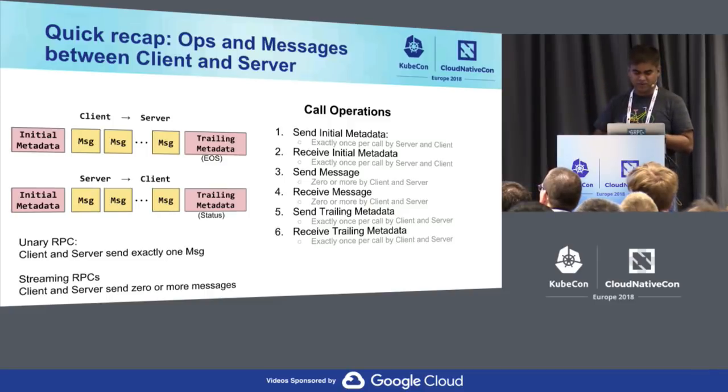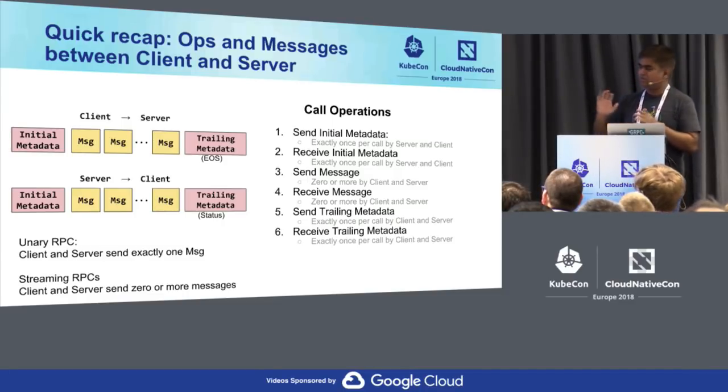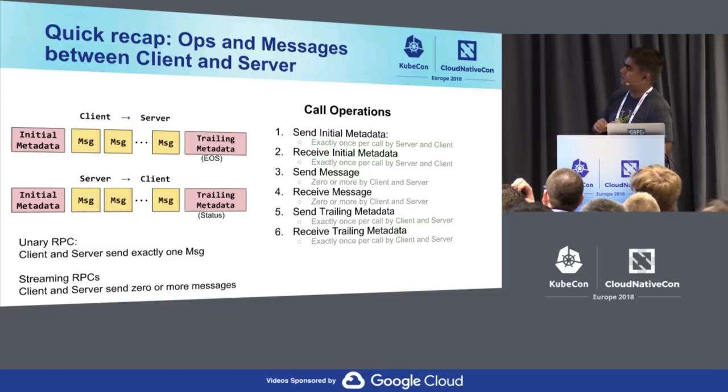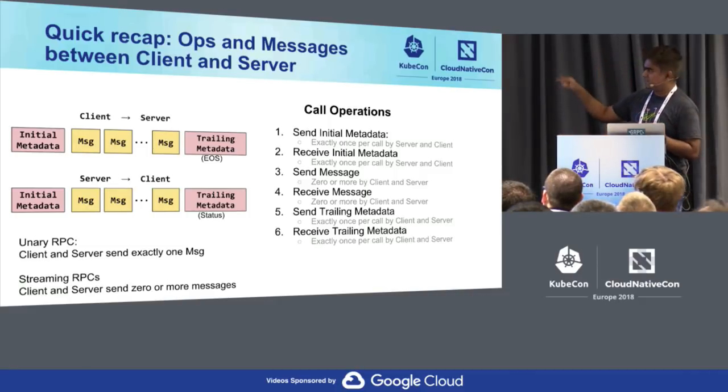I'm not going to read them out loud, but the interesting thing there is, just wanted to highlight that, the messages that are exchanged between client and server are pretty similar. So client always starts by sending the initial metadata, followed by 0 or more messages, followed by trailing metadata, and server does the same.